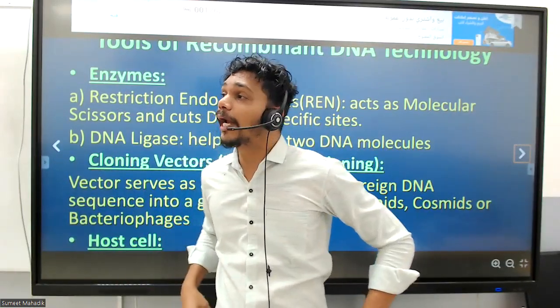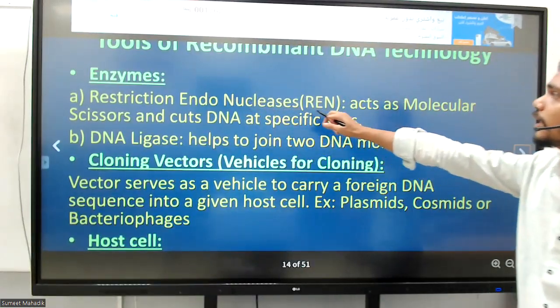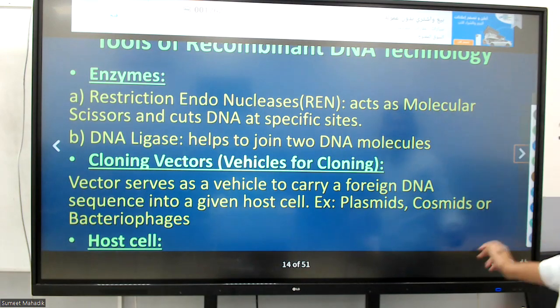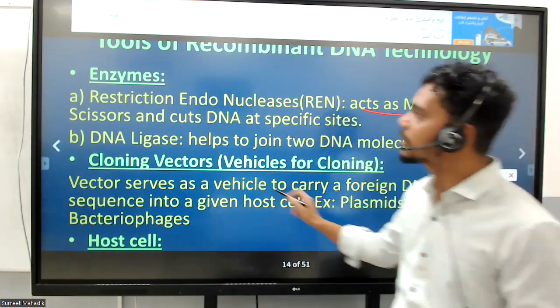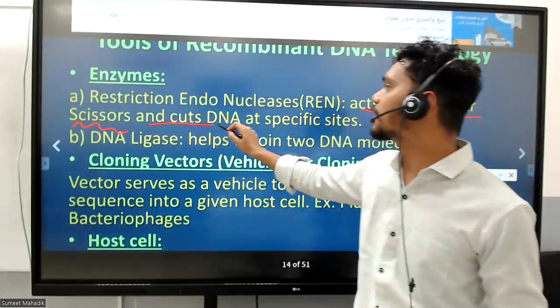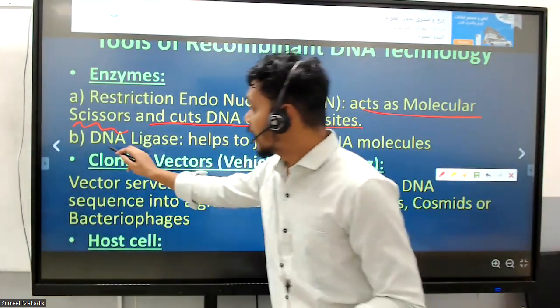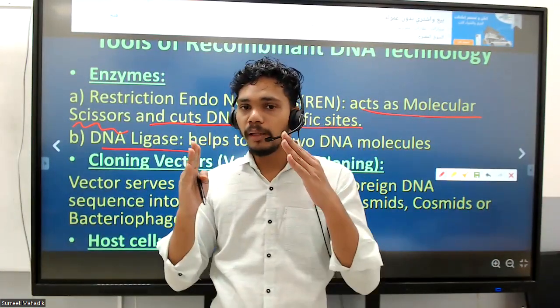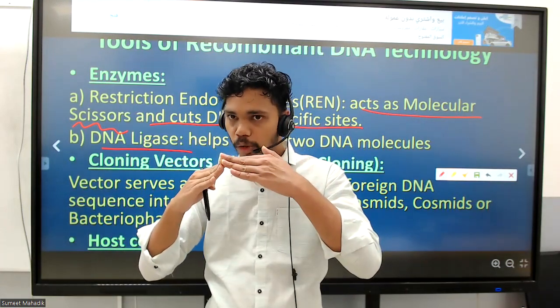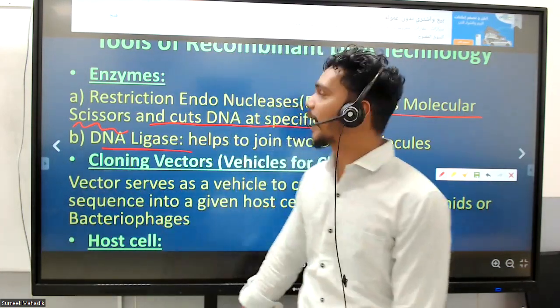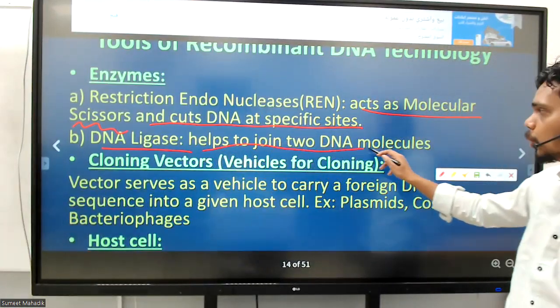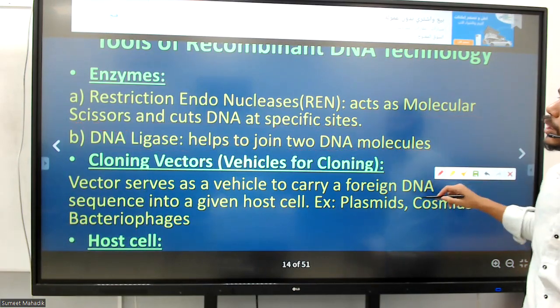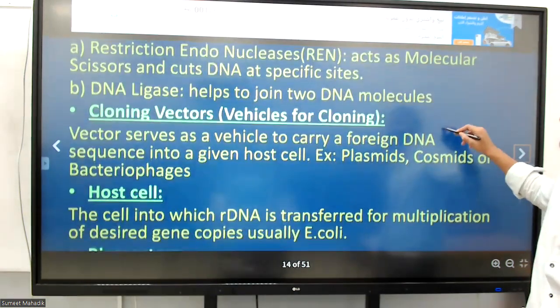That is endonuclease. So restriction endonuclease, that is REN, acts as molecular scissors or biological scissors, cutting the DNA at specific sites. DNA ligase: once you cut it open, you need something to join it again. DNA ligase will be there, which helps to join the two DNA molecules. Cloning vectors: what do you mean by cloning vector?